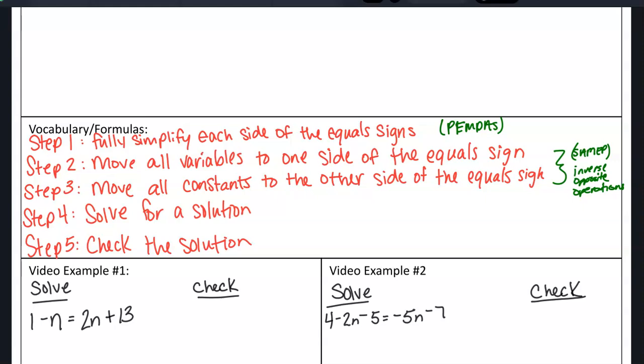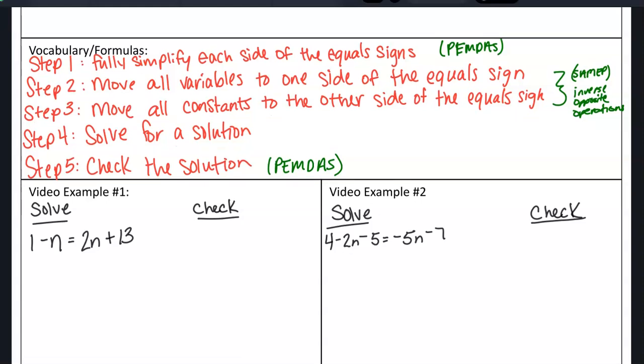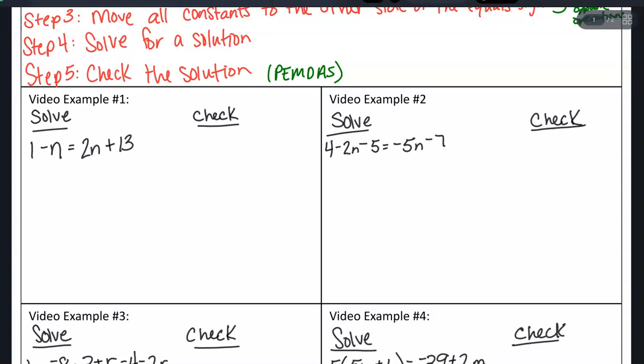So instead of add, we subtract, instead of multiply, we divide, and vice versa. Once you get a solution, make sure to check the solution. Checking the solution is back to PEMDAS, going in our specific order, working from the inside out, whereas solving is working from the outside in.